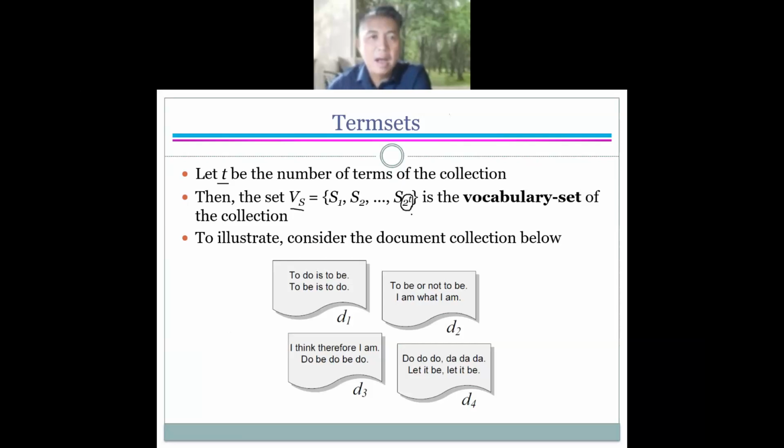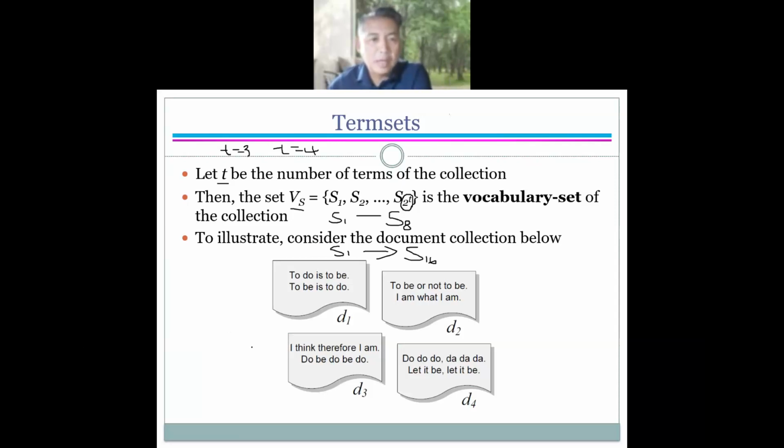Remember that if our T is 3, then we have S1 until S8. But if our T is 4, then we have S1 until S16, the possible combinations of term sets that you could have.